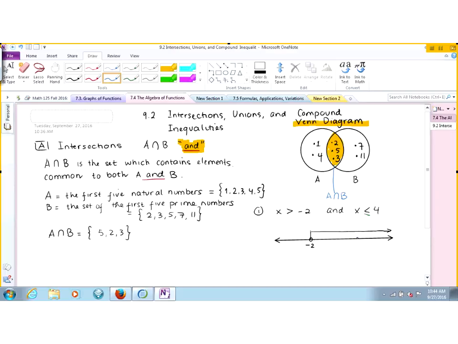Open or closed? Closed. And my arrow points to the left. I need it to go all the way to the end of my number line, not stop in the middle like this.